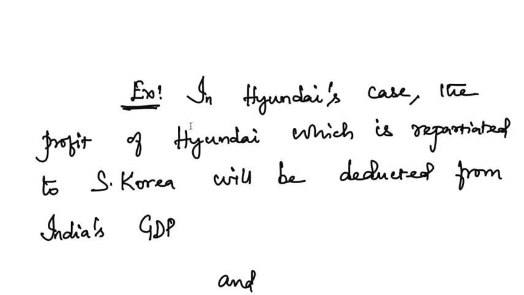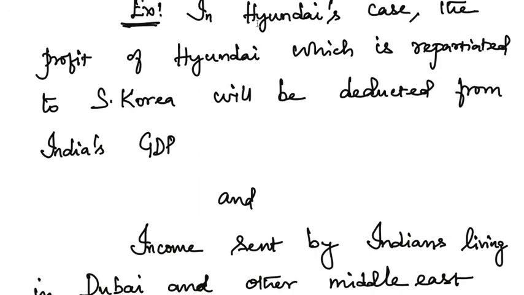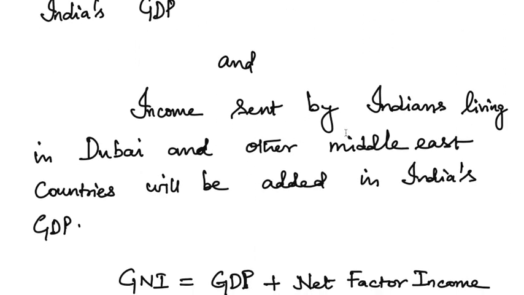So in Hyundai's case, the profit made by Hyundai in India is repatriated to South Korea, and that will be deducted from India's GDP. And income sent by Indians living in Dubai or Middle Eastern countries or any other country will be added to India's GDP.